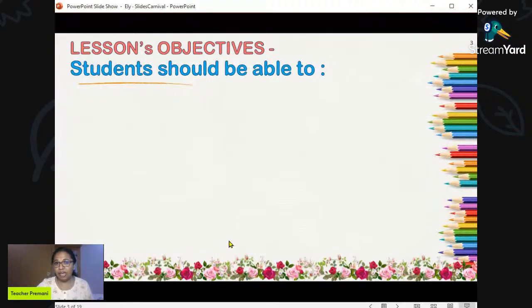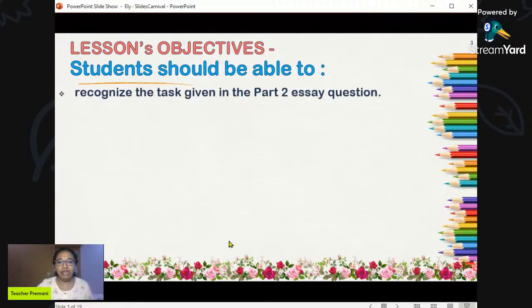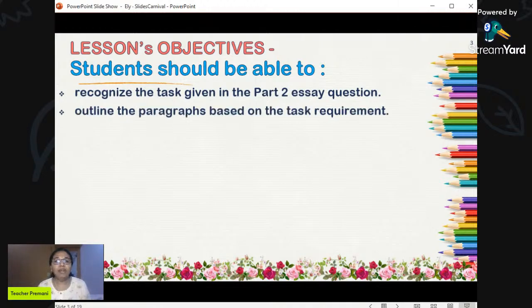Whoever follows this lesson should be able to do the following. First, recognize the task given in Part 2. It's not about just reading the question and then straight away answering. It doesn't work like that. You must analyze it so that you know what you have to display in your answer. Next, outline the paragraphs based on the task requirement.